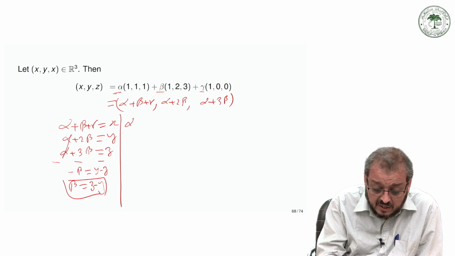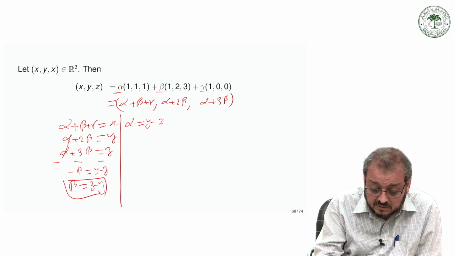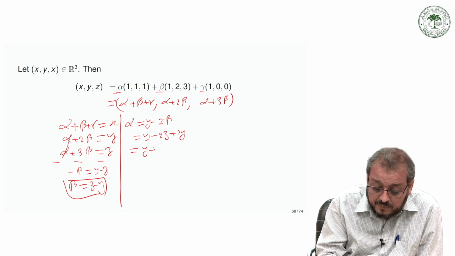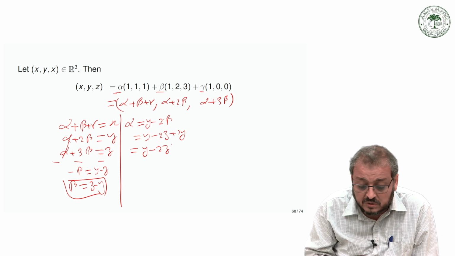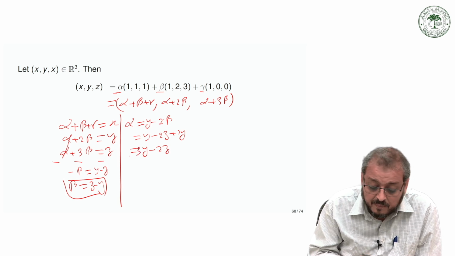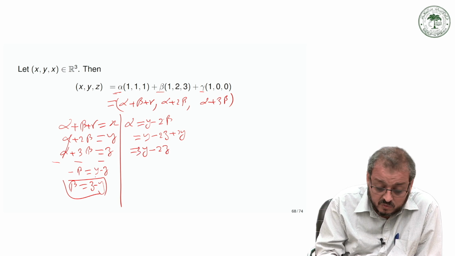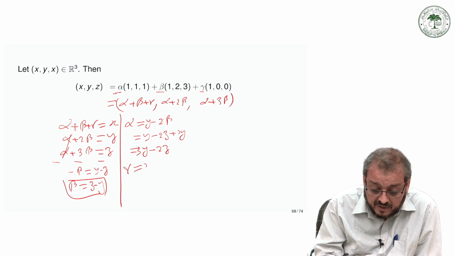We can say that alpha is equal to y minus twice beta, and then y minus twice z plus 2y, which is 3y minus 2z. Alpha is equal to this. So gamma can be written in the form of x minus alpha minus beta.